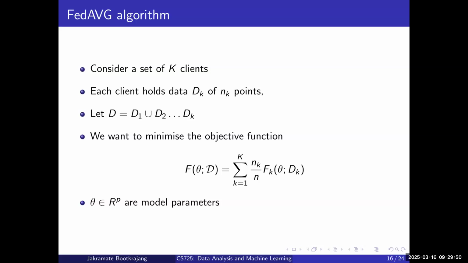So our setup would be we have a set of K clients. We have the centralized server, and then we have these small clients. The clients have their own data, D1, D2, D3, DK.